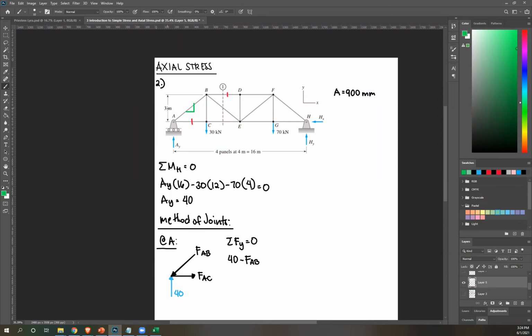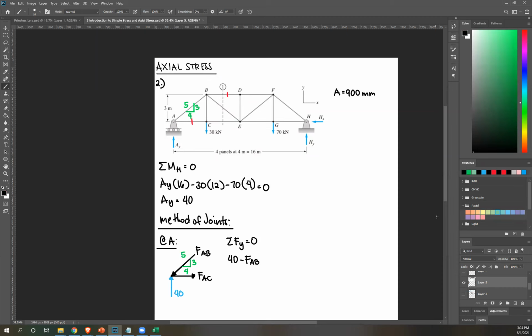We have a height that is 3, and each panel is 4. So this is 4, this is 3. If you have encountered this right triangle a lot of times, you don't even have to solve. That's automatically 5. Your 3, 4, 5 right triangle. Therefore, this is also 3, 4, 5.